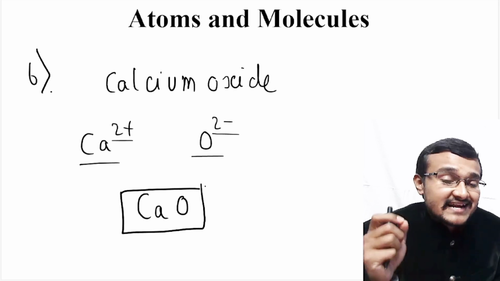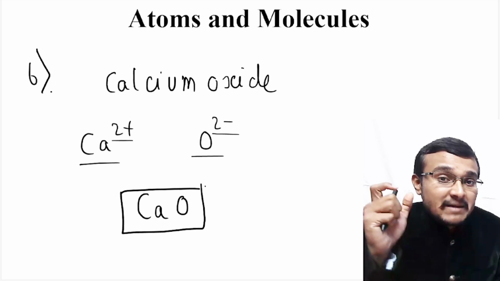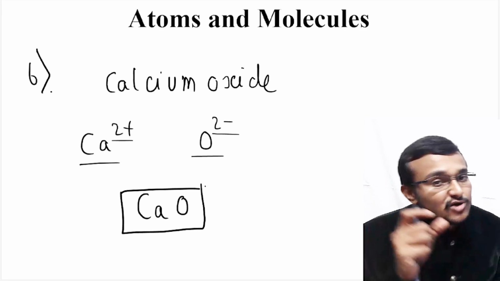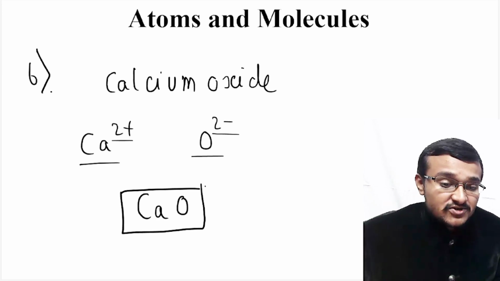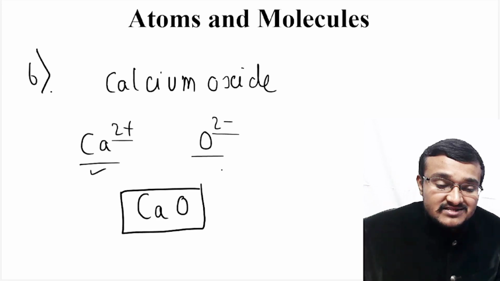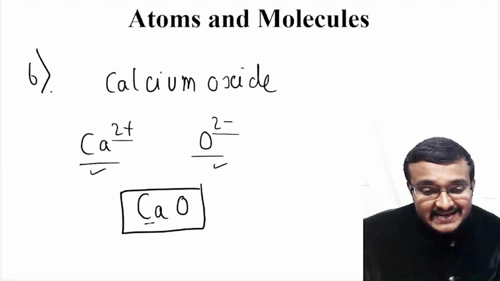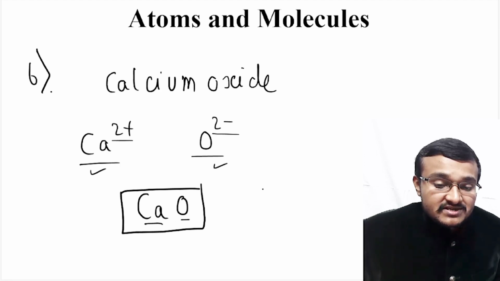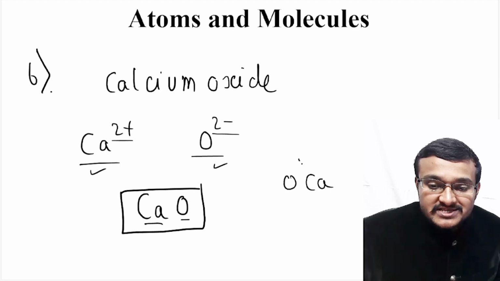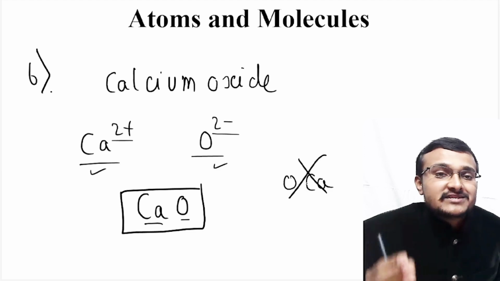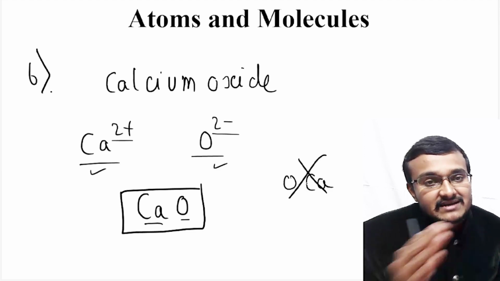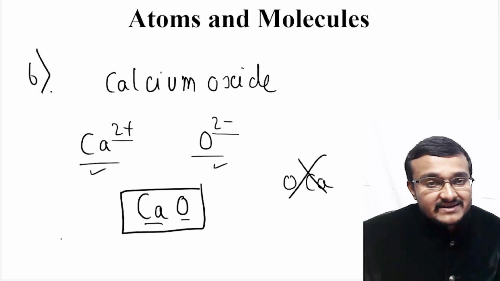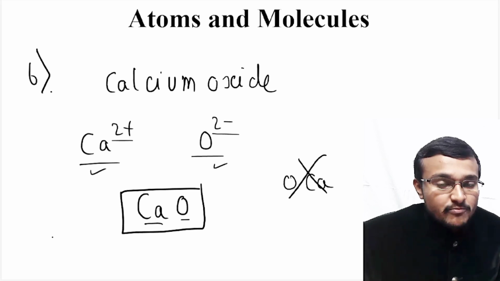Always while writing a chemical formula, the metal should be written first and then the non-metal. Here calcium is a metal and oxygen is a non-metal, so you write calcium first and then oxygen. You cannot write OCa. This is wrong because you should always write the metal in the beginning and then the non-metal.